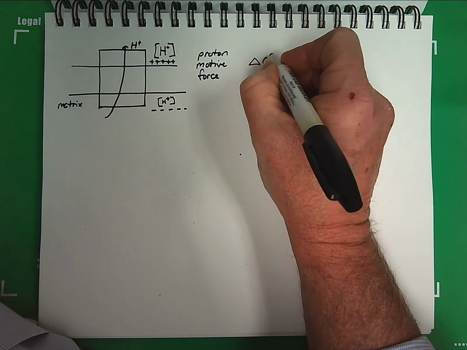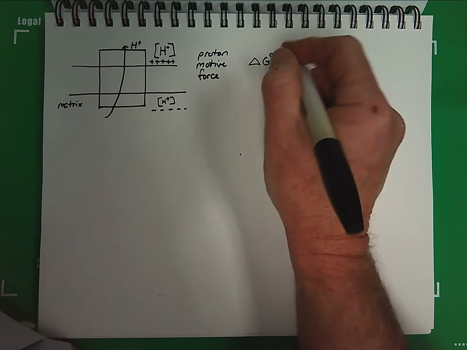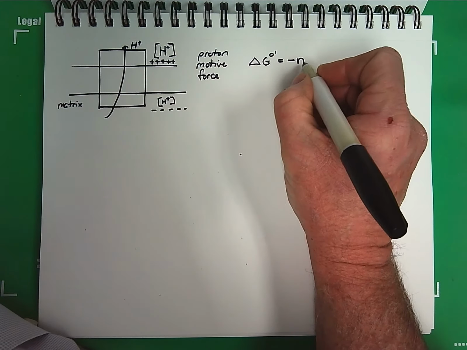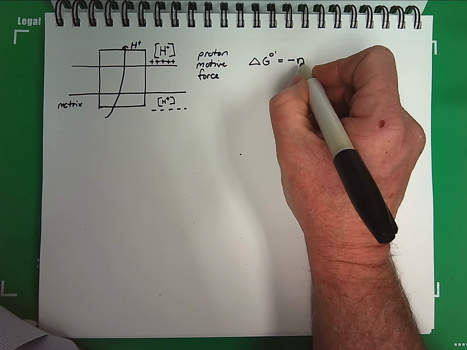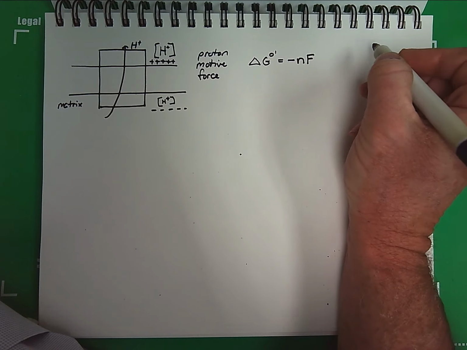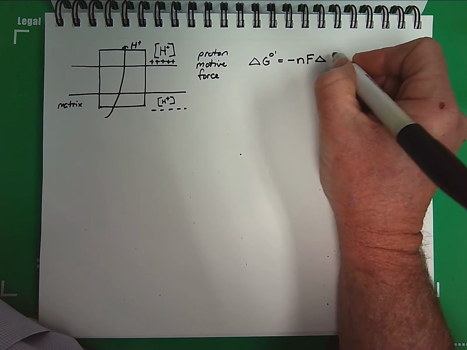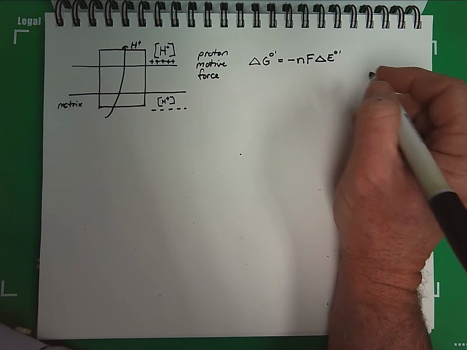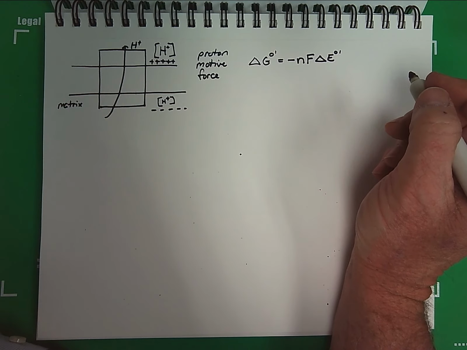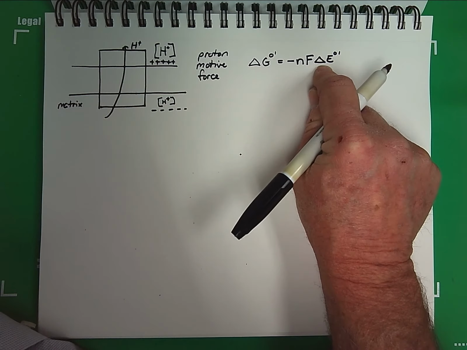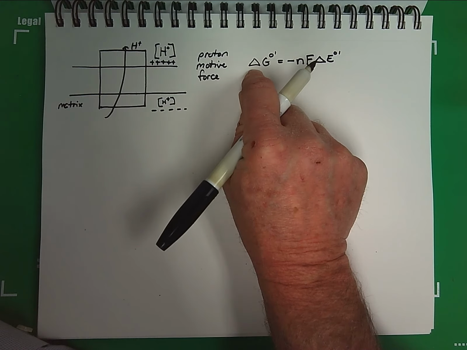We are going to look at the standard free energy change of the reaction is going to equal negative n, where n equals the number of electrons that are being moved, times the Faraday constant times the change in standard potential. So this is the way to convert standard electrical potentials into free energy changes.